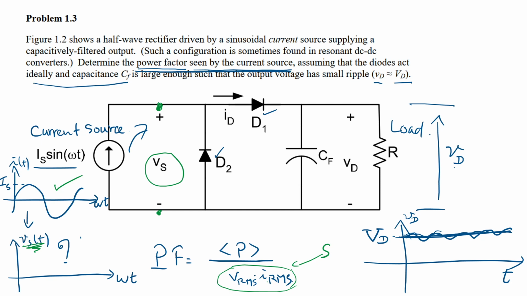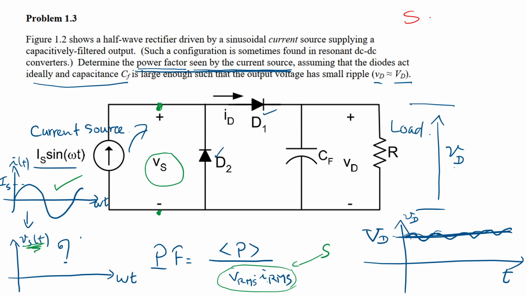And now the question asks you to determine the power factor seen by the current source. So you find the power factor seen from here. In order to find power factor, you need to find real power and apparent power. How to find apparent power?